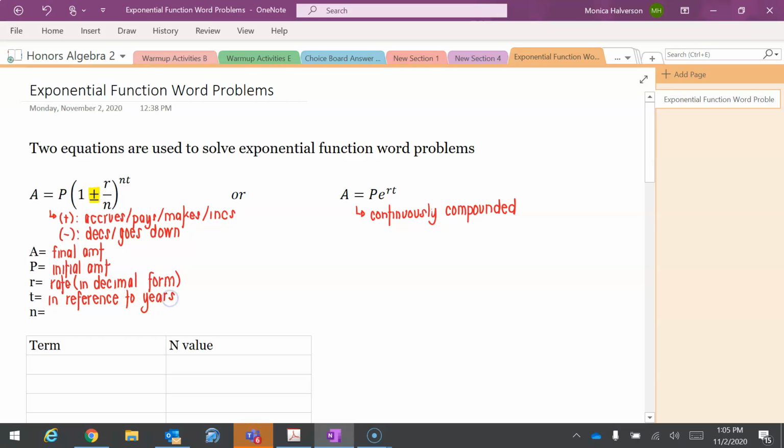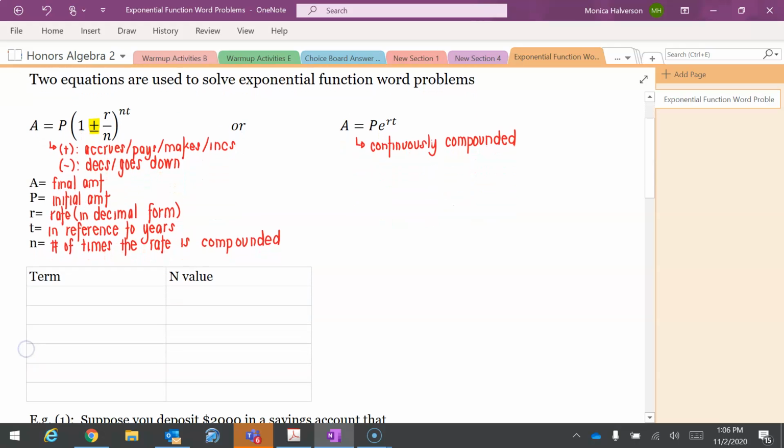And if we use the first equation, we have to identify n, and n is the number of times the rate is compounded. You determine this by specific terms. If somewhere in the problem it says annual or yearly, then our n value is going to equal 1.